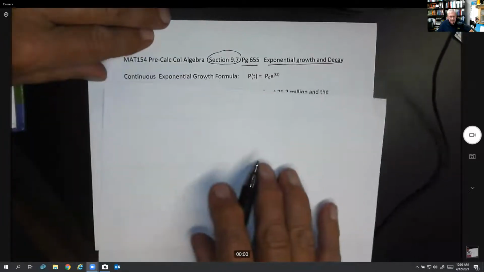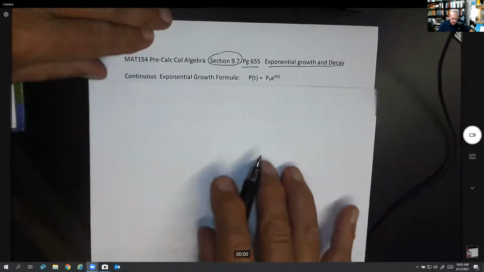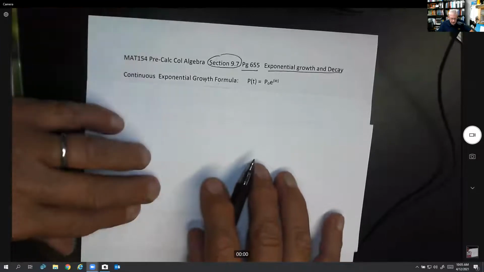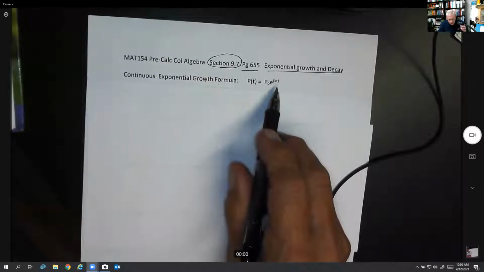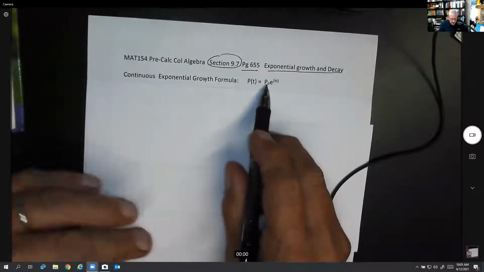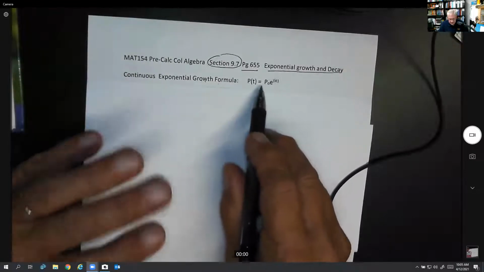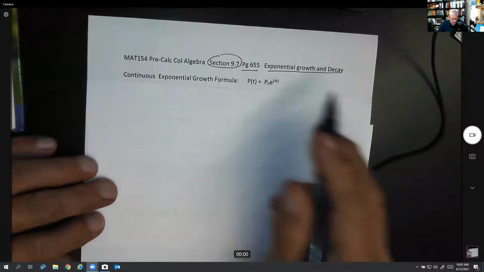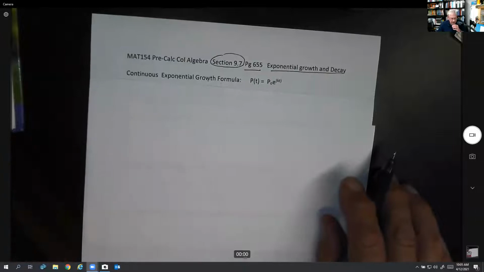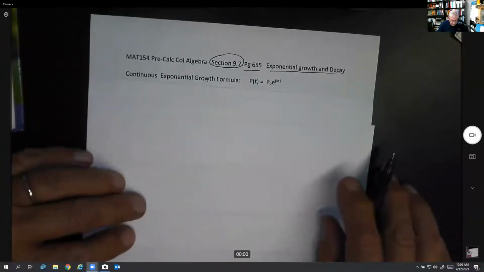Continuous means that, unlike the compound formula that deals with monthly or daily, this is instantaneous. It's used for bacteria growth and different things like this.